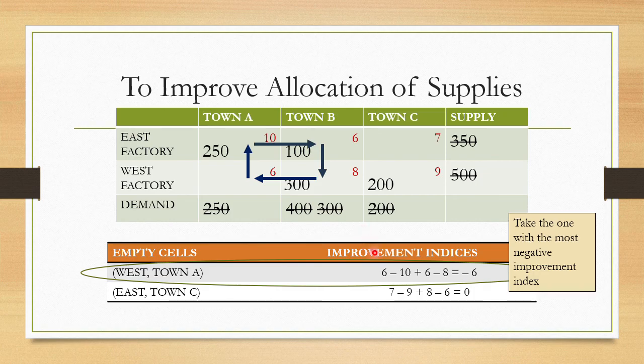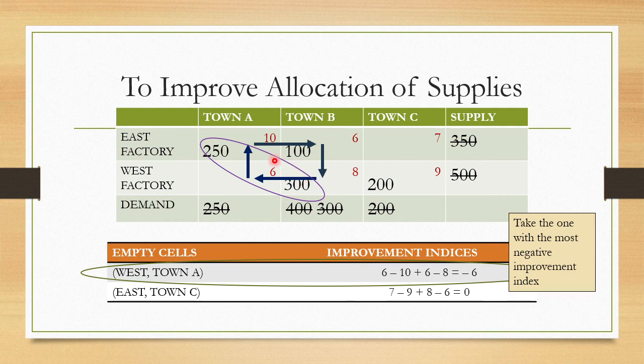Now notice that in the computation of the improvement indices, the negative signs are 10 and 8. So these two negative signs correspond to the cells East Town A and West Town B. So let's put these numbers 250 and 300 inside the oval.